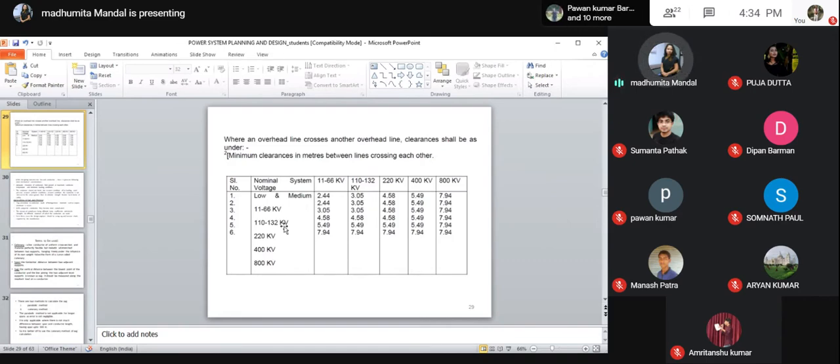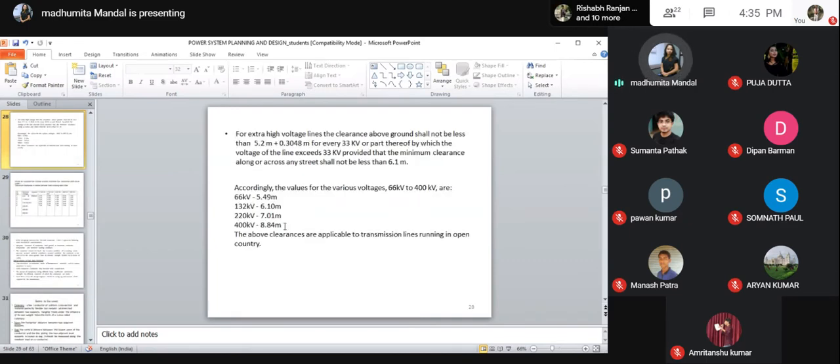And for EHV lines, 1.829 meter plus the earlier 0.3048 meter for every additional 33 kV and part thereof. Okay, so basically for horizontal, it is 1.829 meter plus 0.3048 meter for every 33 kV and part thereof. Okay, so which distance is this?